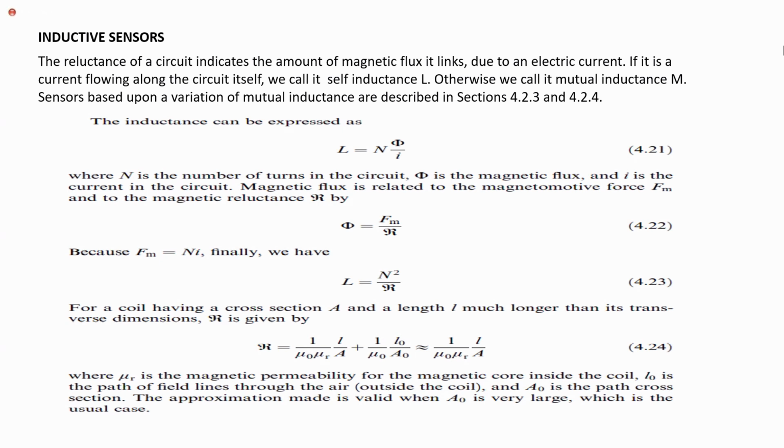And if we allow fixed current flow in the primary coil, and if you place the primary coil near the secondary coil, we will get inductance in the second one, that is called mutual inductance. And the inductance can be expressed as L is equal to N into phi by I. N is the number of turns, phi is the magnetic flux generated, and I is the current which we are allowing in the circuit.